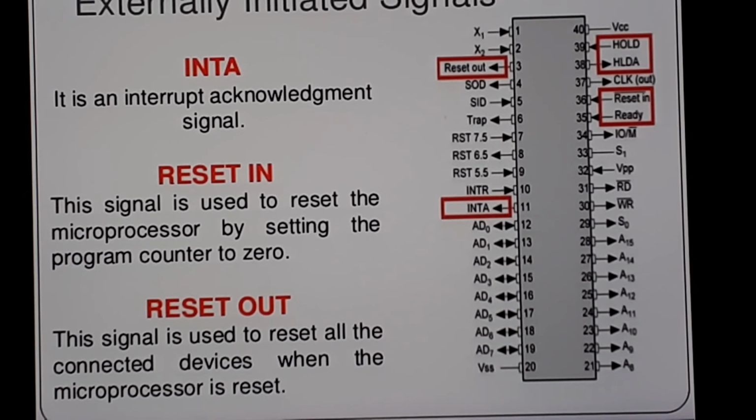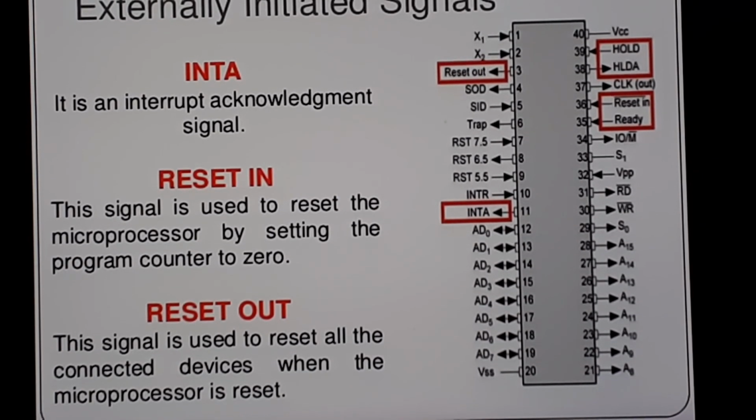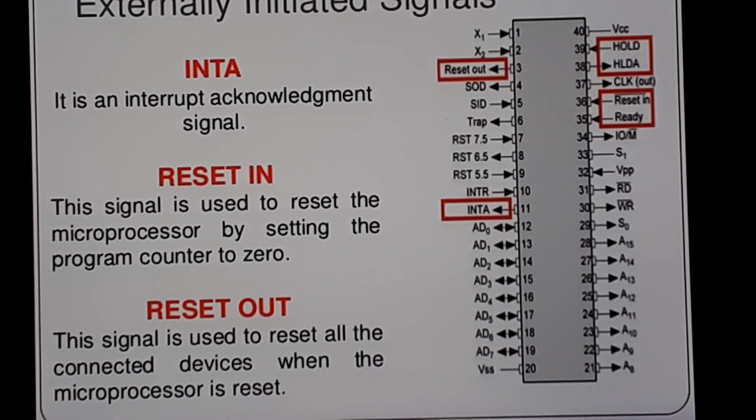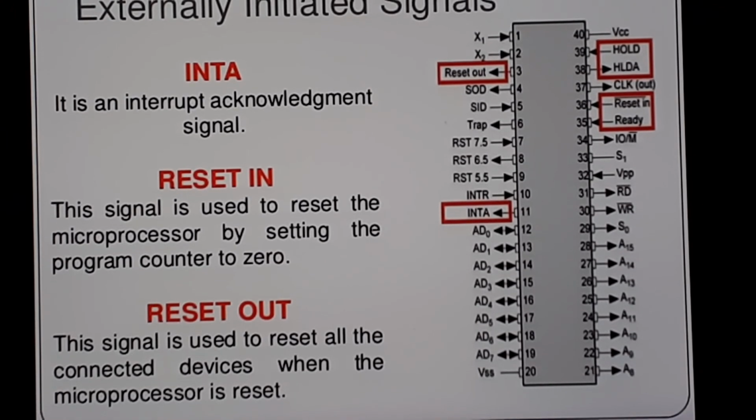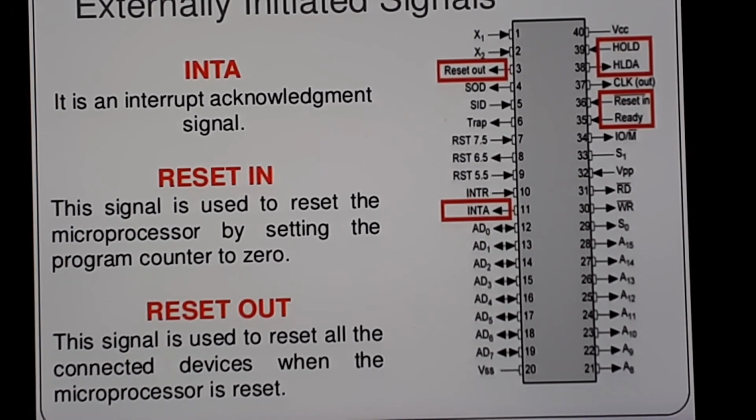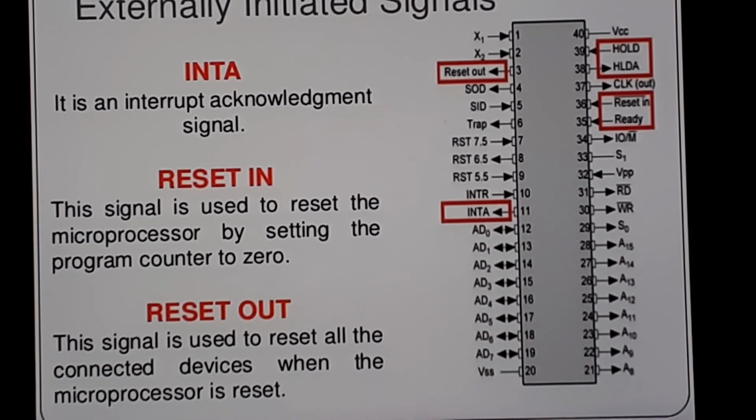So two points to note: when the signal goes low, the program counter becomes 00H, and the buses are also held in reset condition as long as the reset pin is applied.